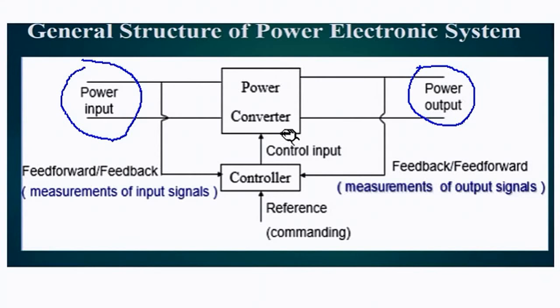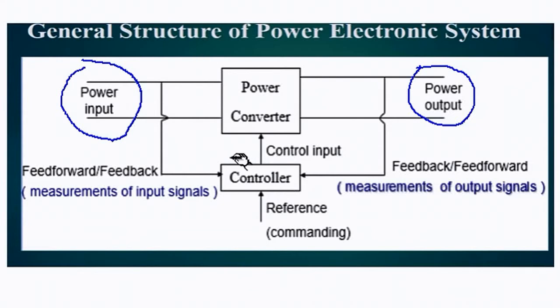For example, to convert AC input power to DC output power, we need a rectifier. If we are given DC input power and we need AC, we will use an inverter. If we are given DC at some voltage level and we want DC at some other voltage level, we will use choppers. So there are any number of power converters available, which we use depending upon the situation.